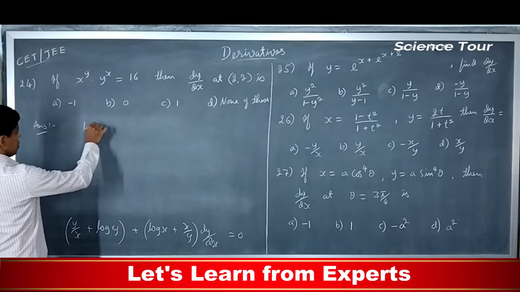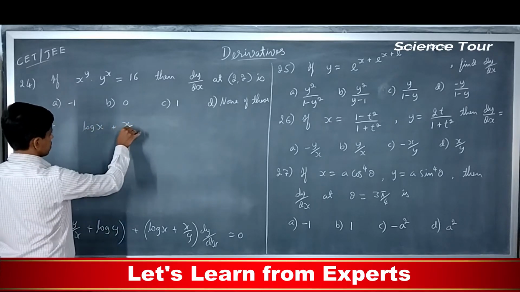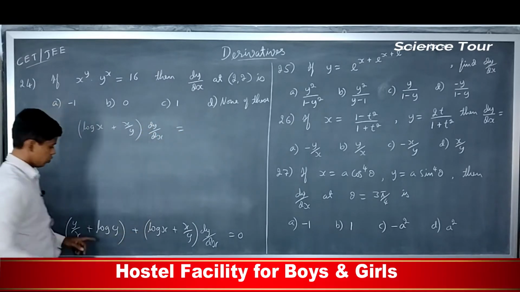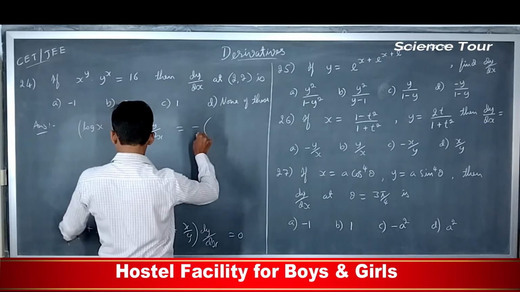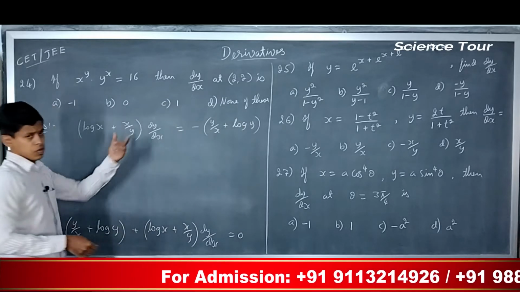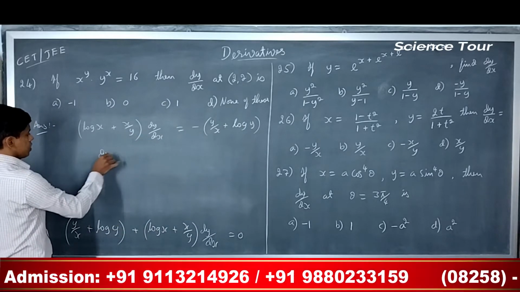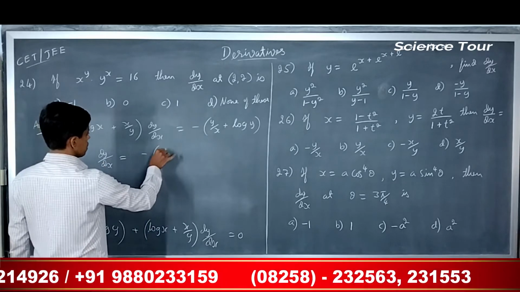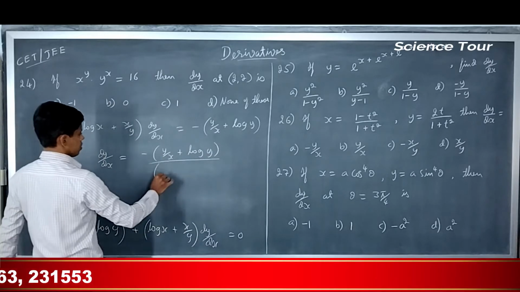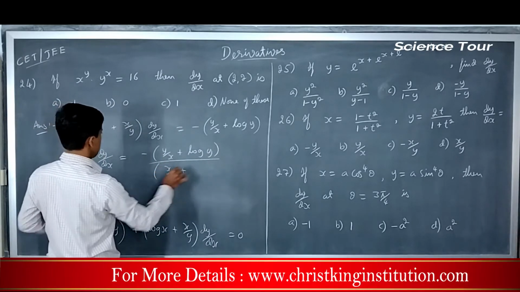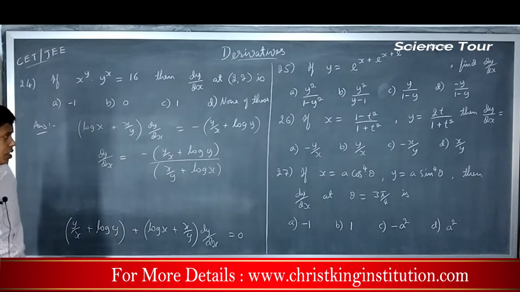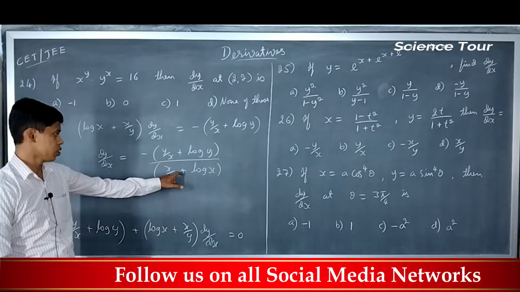So this is log x plus x by y into dy by dx, and that is equal to, this becomes negative on the other side, y by x plus log y, and this part will be divided. Right. So dy by dx is equal to minus y by x plus log y divided by x by y plus log x, or log x plus x by y. You can change the position, no problem, because it is addition.